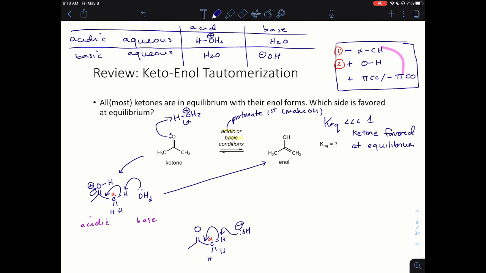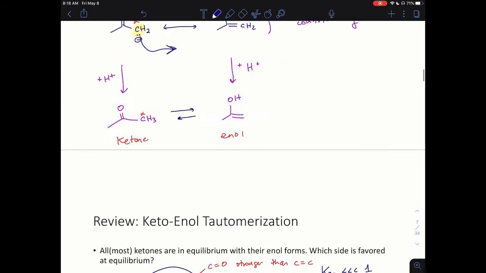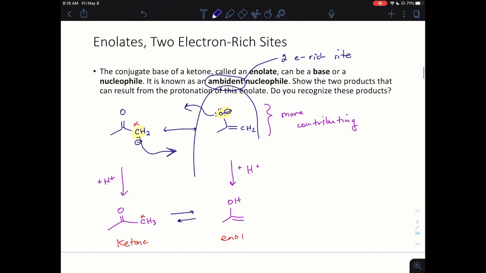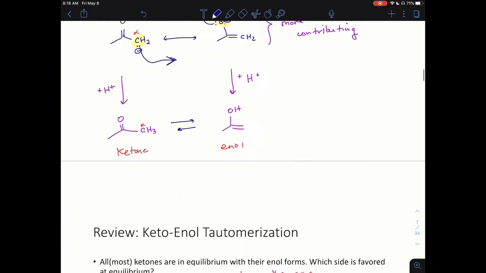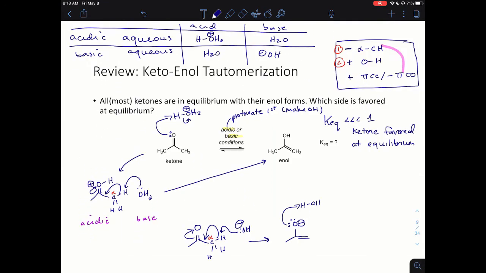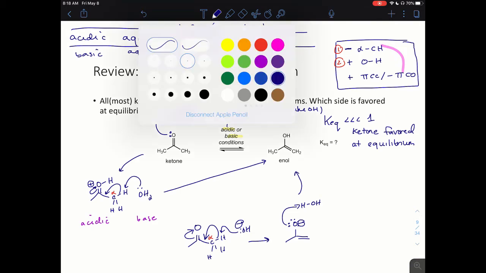So we're going to deprotonate that alpha carbon, make the pi C=C, break the pi C=O. That generates the enolate. And then the enolate, just like we showed not too long ago, can get protonated to form the enol. The acidic species in basic aqueous conditions is water.